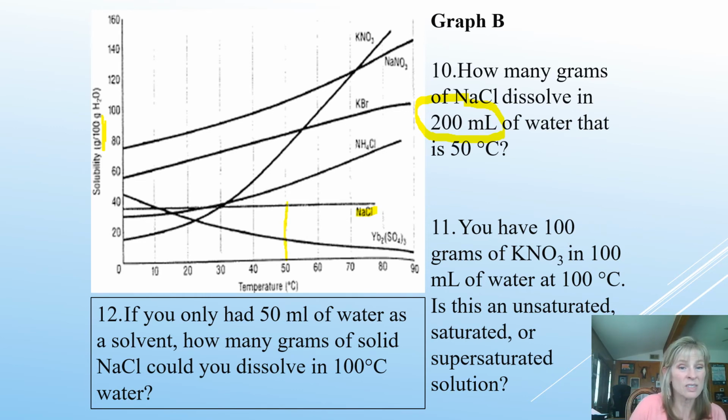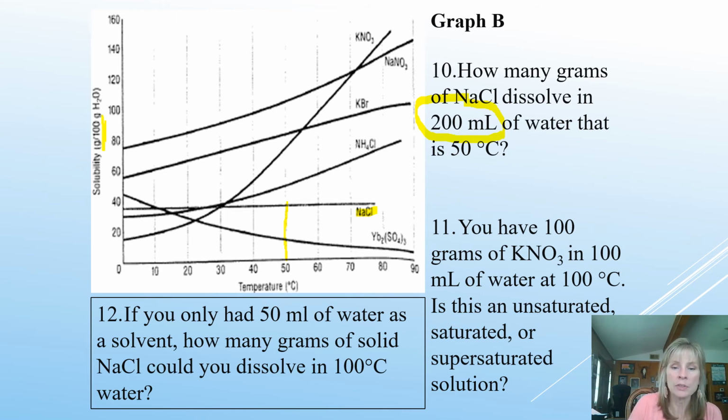And it looks like the solubility of sodium chloride doesn't change much with increasing temperature. Looks like somewhere under 40 grams. So let's just say 39, just for sake of argument. 39 grams will dissolve in 100 milliliters of water. So in 200 milliliters of water, that would be 78 grams, I believe. So yeah, 78 grams will dissolve.